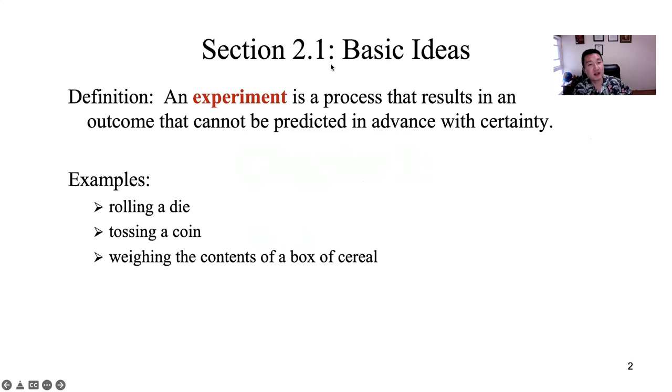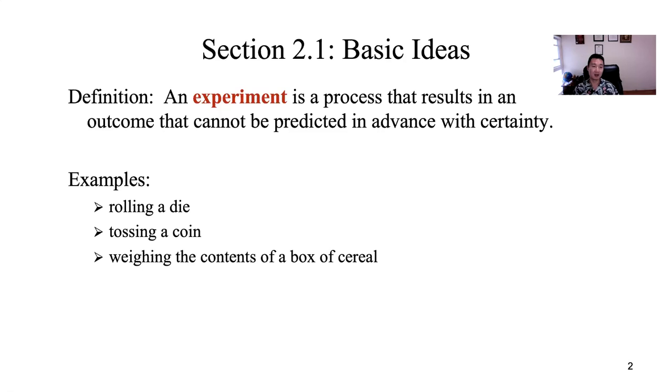review of definitions. Again, an experiment is a process resulting in an outcome that we cannot predict in advance with certainty. For example, roll a die. We know for a die we have 6 possible outcomes: 1, 2, 3, 4, 5, and 6. Toss a coin, we have 2 possible outcomes, heads or tails.